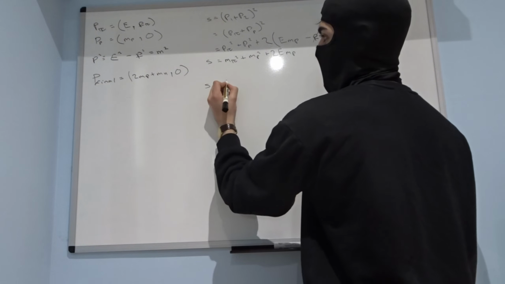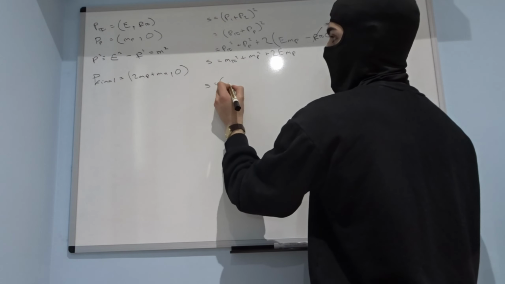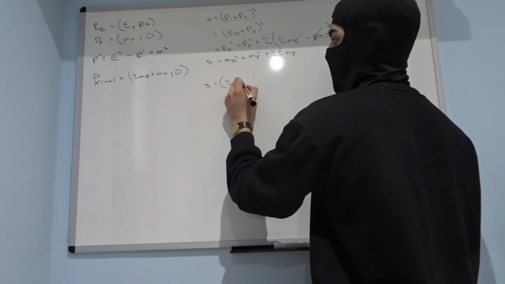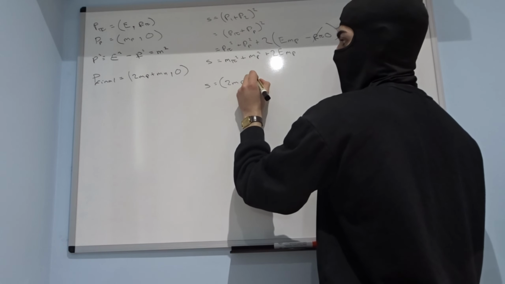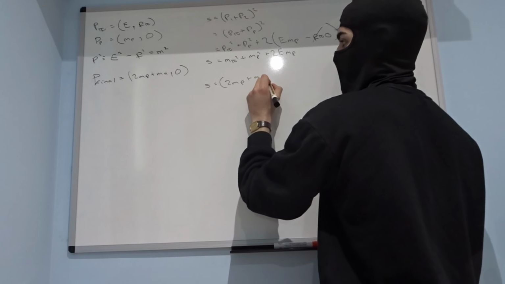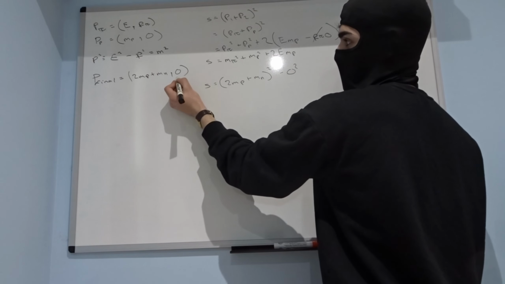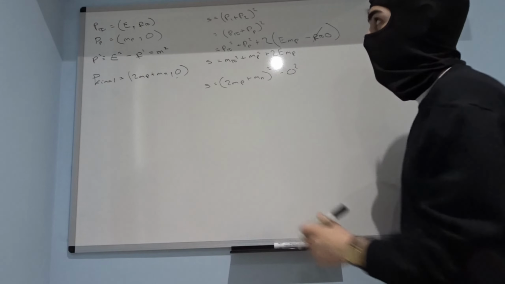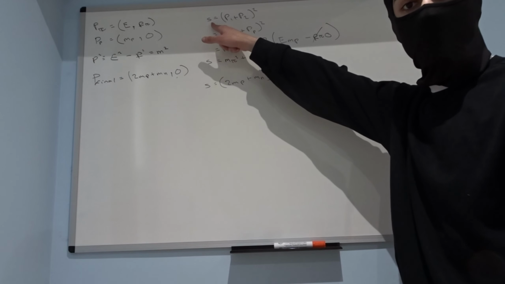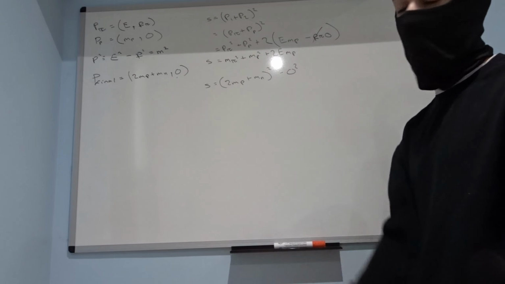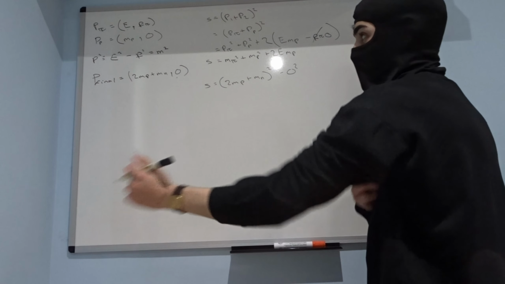S is just going to be equal to 2mp plus m neutron, squared, minus 0 squared. I mentioned before that the Mandelstam variable is Lorentz invariant in all reference frames.